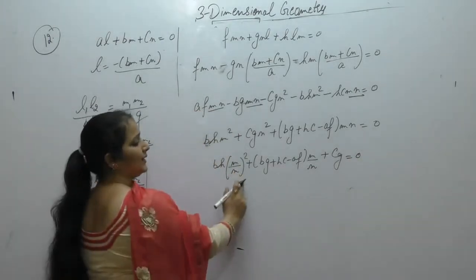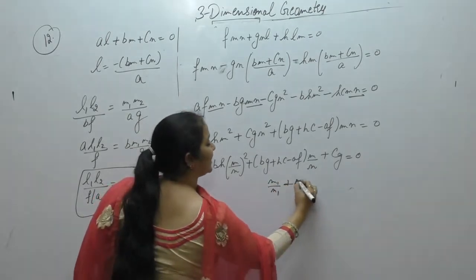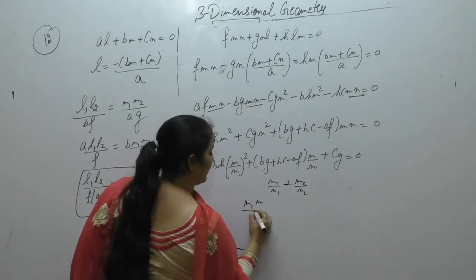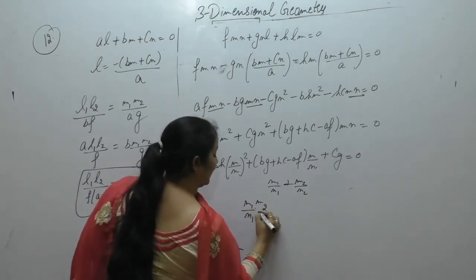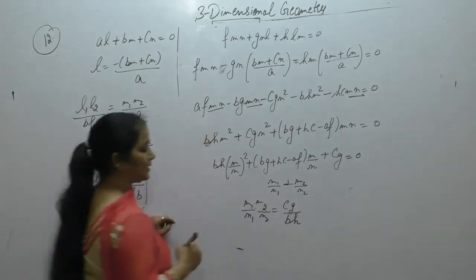Now this is quadratic in m upon n, so its roots will be m1 upon n1 and m2 upon n2. Now product of roots, m1 upon n1 into m2 upon n2, is c upon a, that is cg upon bh.